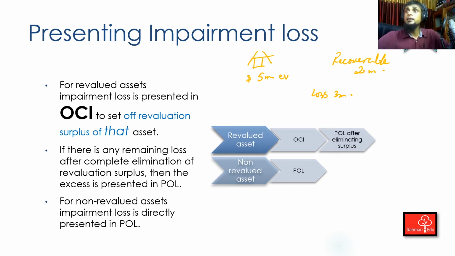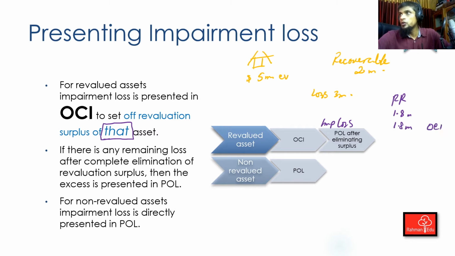Let's say the revaluation reserve of that asset is $1.8 million. Not the general revaluation reserve, be careful: of that asset, this building. So an impairment loss of $1.8 million will go over there.